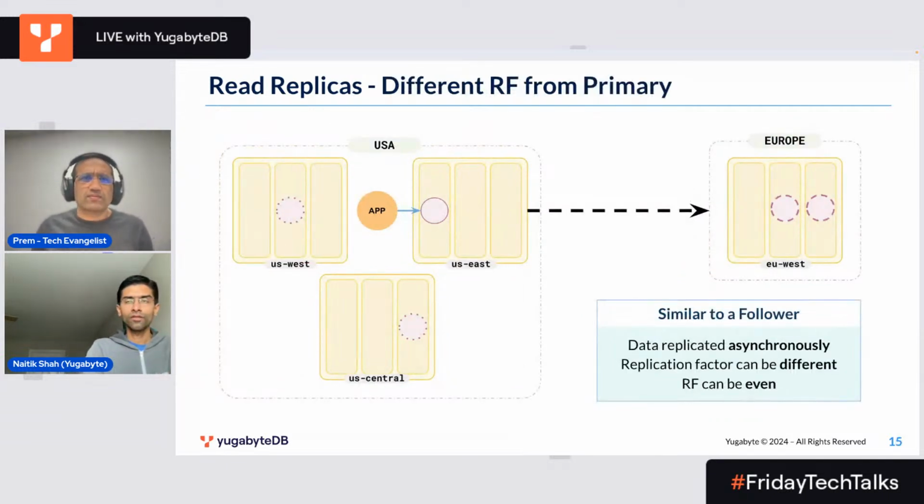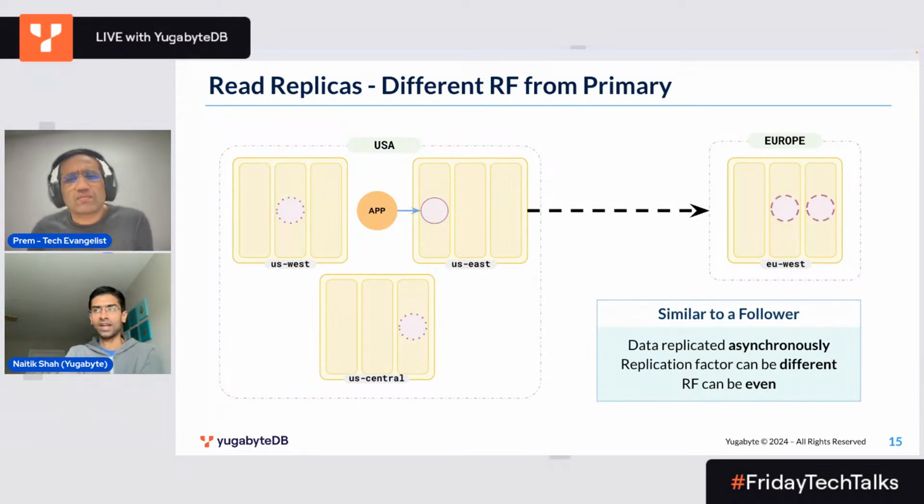So we have a couple of things. One thing I wanted to cover is we could set a different replication factor from the primary, because as I mentioned, when writes are going to the primary, the read replicas do not participate in the Raft consensus. Whenever a write happens in the primary, the replication to the read replica happens asynchronously, behind the scenes.